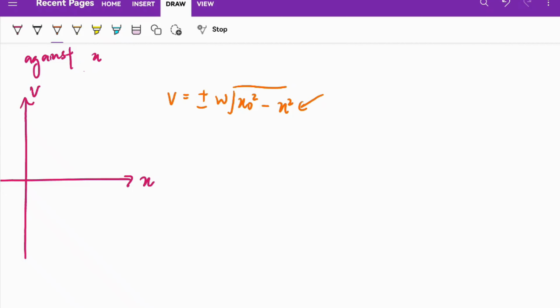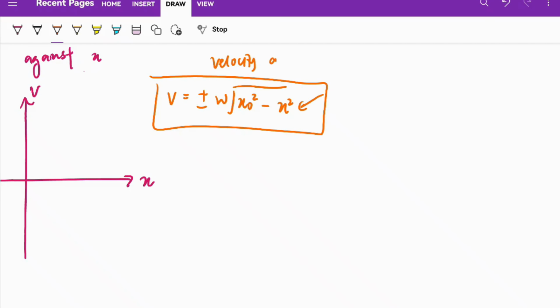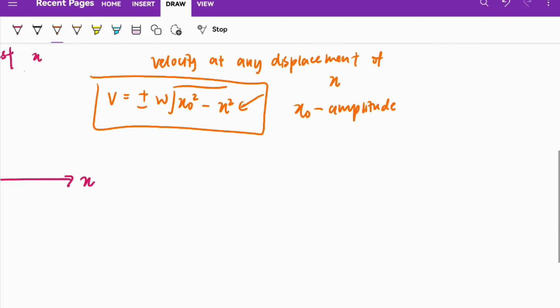So what this equation is trying to say is the velocity at any displacement of X. And your X naught is your amplitude, yeah? Your highest max or minimum amplitude.